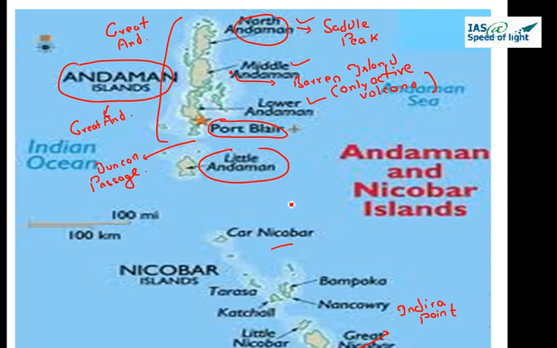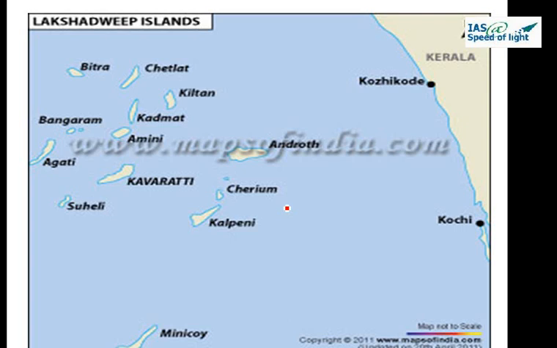So this is about Andaman and Nicobar Islands, and if we see the Lakshadweep Islands, these are a scattered group, right? The biggest island here is Minicoy. The word atoll has been taken from a Malayalam word which means they are of coral origin.